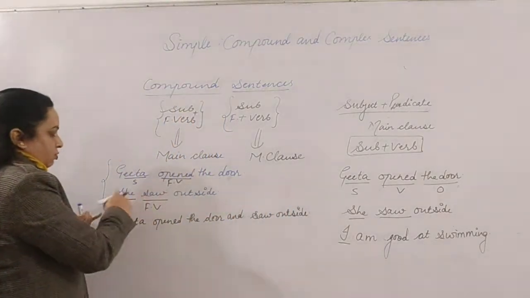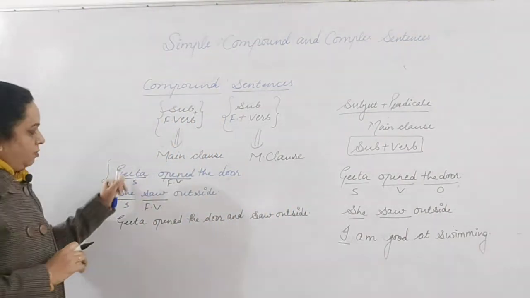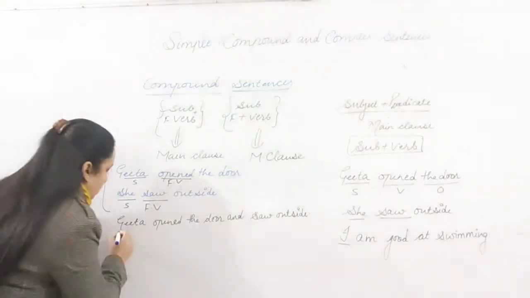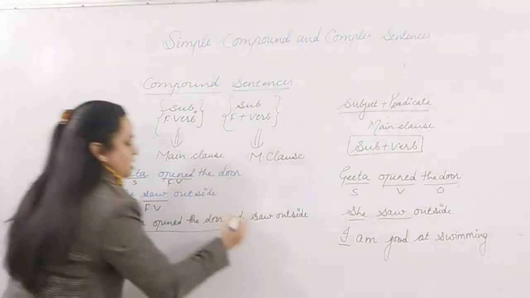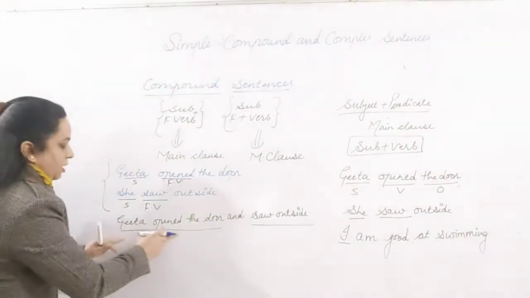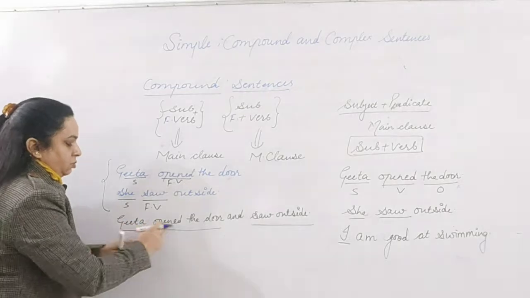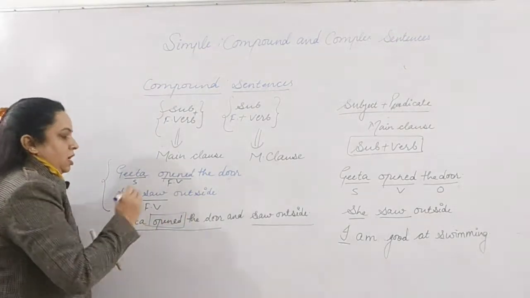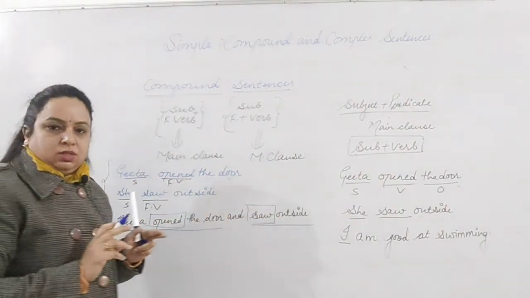Here I removed "she" because I am using "she" for Geeta. So what you have noticed is "Geeta opened the door and saw outside," meaning she saw outside. This part of the sentence has one subject and one finite verb, and here also we have one finite verb. So two finite verbs, clear.